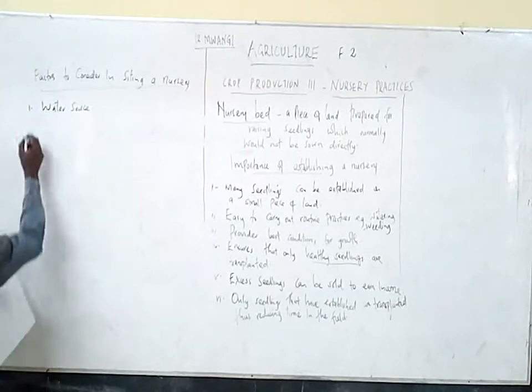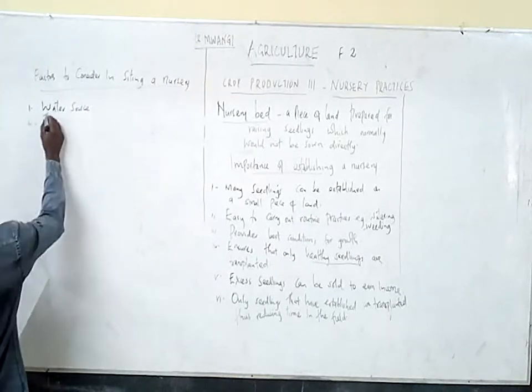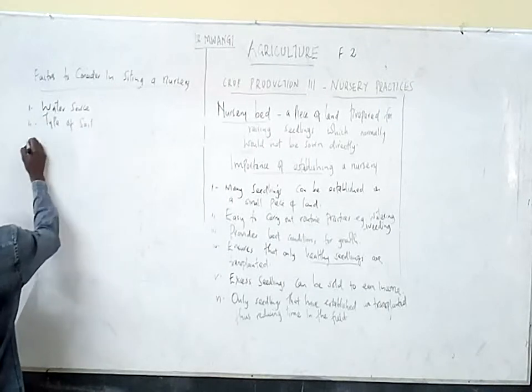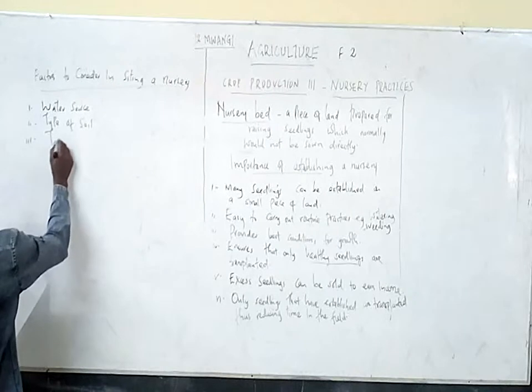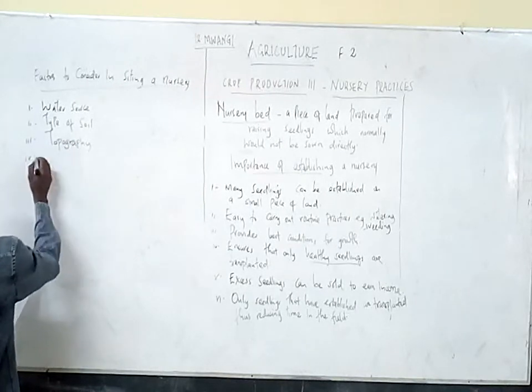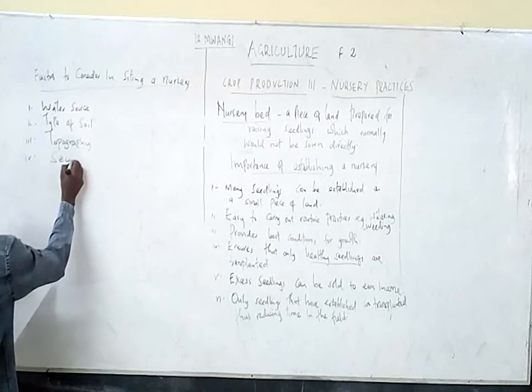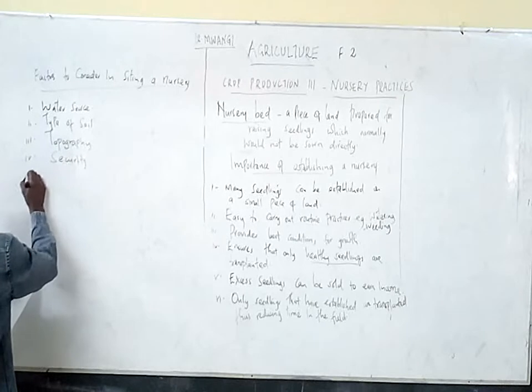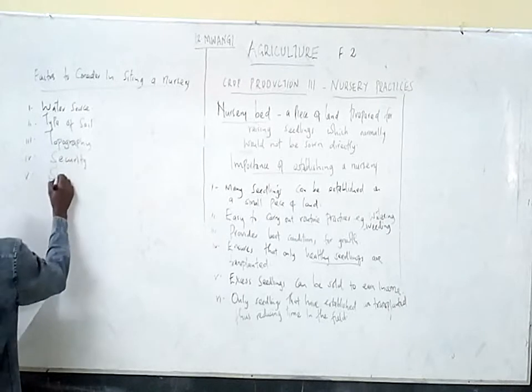Number two, type of soil. Number three, topography. Number four, security. Number five, shelter place.